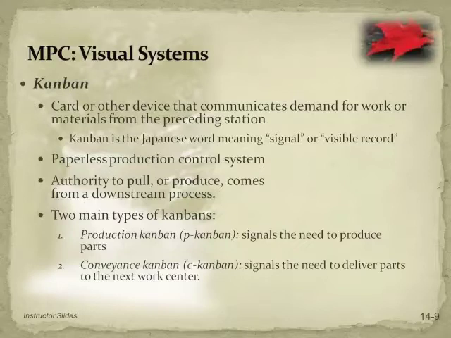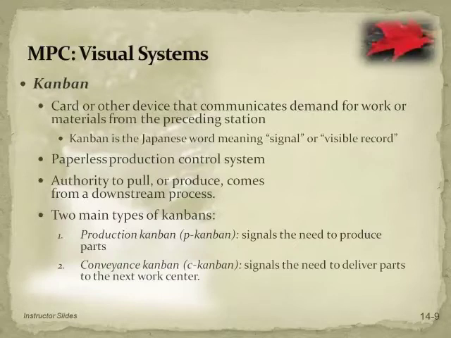Think of a 3x5 index card, or maybe an index card a little bit bigger than that, that has some information on it, the part number, the quantity. And that particular card is associated with a container that is going to contain this particular material on this particular part.